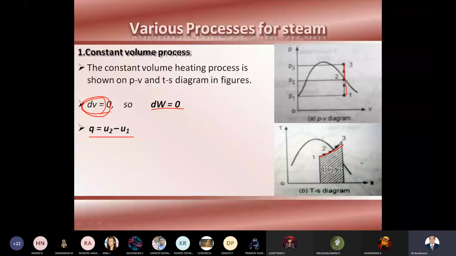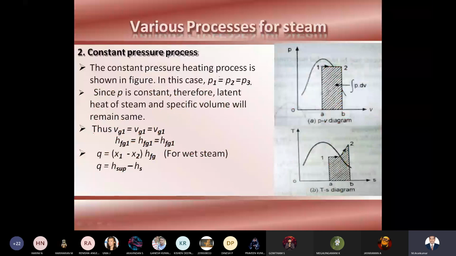During this constant volume process, the entropy will increase from process 1 to 3, and the area under this TS diagram is your Q, right? Then we have the constant pressure process. If the process is constant pressure, we know this from the PV diagram.